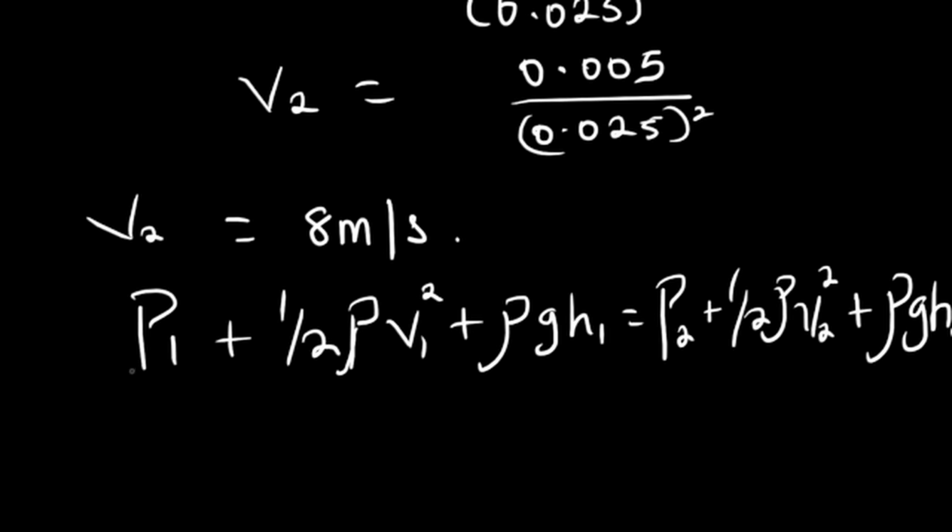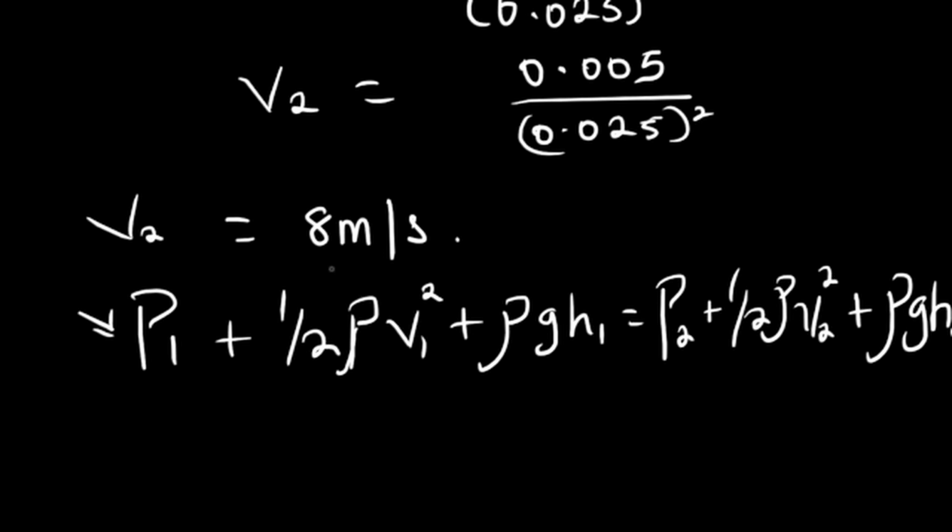Now, let me define the variables in this equation. The P1 here refers to the pressure at the first cross-sectional area, which in this case is 200,000. And now the rho is density.